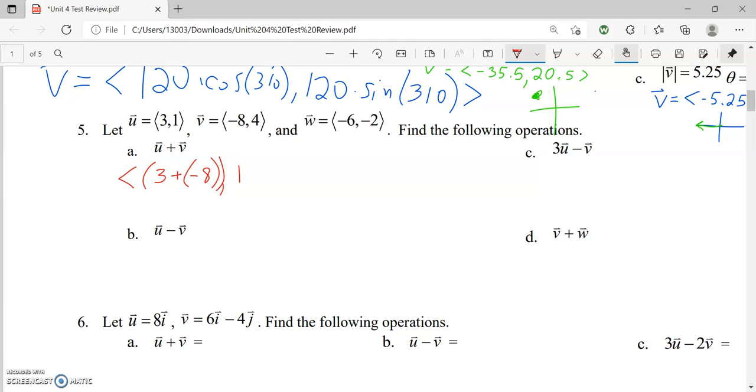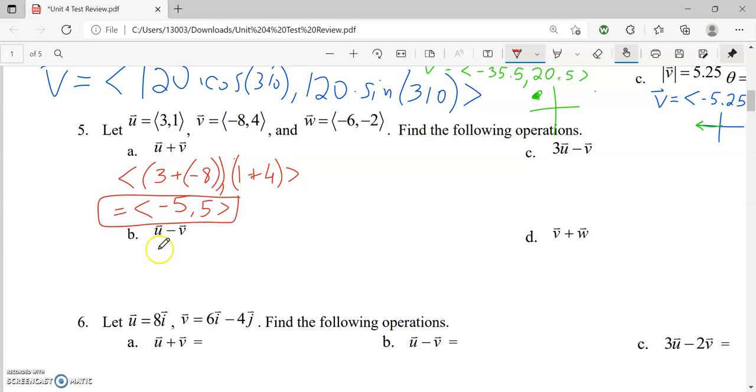Then we'll take the y component of u plus the y component of v, which really just reduces. So we say 3 plus -8, so -5, and 1 plus 4, +5.